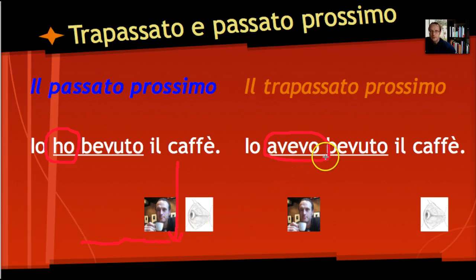With the io avevo bevuto, you express the same feeling, so you have the imperfect, so the ongoing aspect in the past, which we know does the same, gives the same feeling as the present tense in the present, so the unbounded event, the ongoing characteristic, and then you have the past participle bevuto, which completed the action, so interrupts the ongoing action.